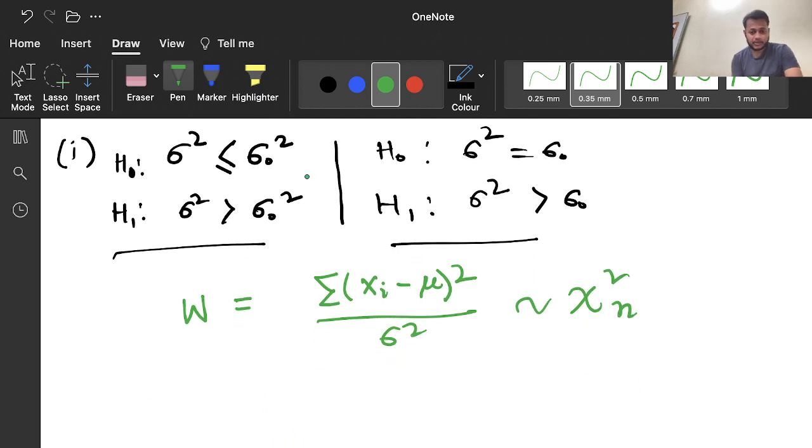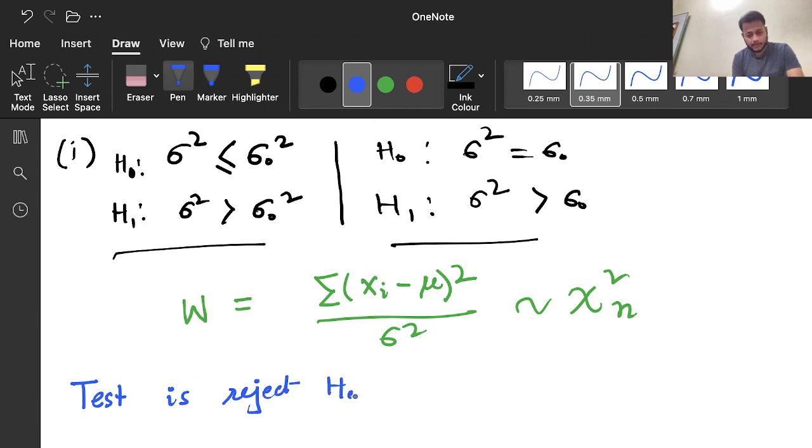So our test is: reject H0 if W is greater than or equal to the chi-square n alpha point.